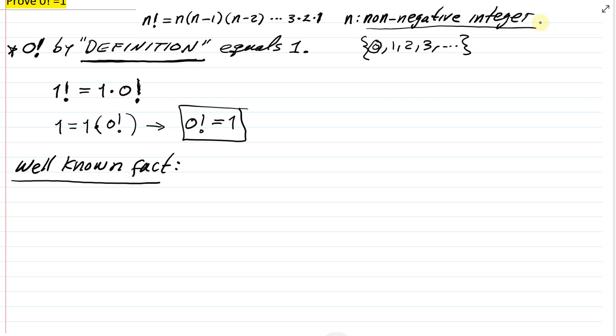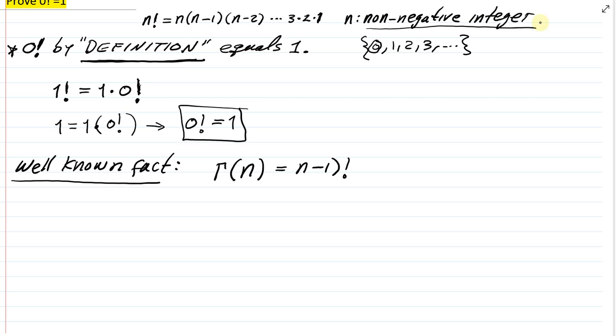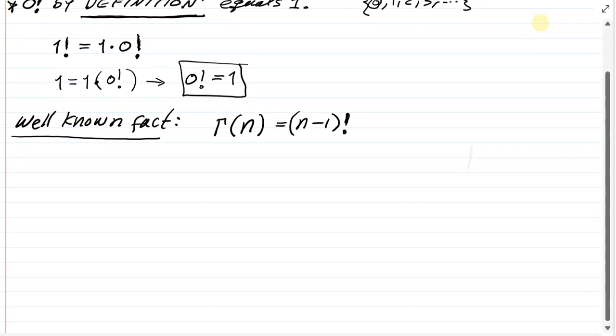The well-known fact is this: if n is a non-negative integer, then gamma of n is equal to n minus 1 factorial. And in fact, more broadly in textbooks on probability theory, they say n is an integer. So I'm just going to stay with n being a non-negative integer here.